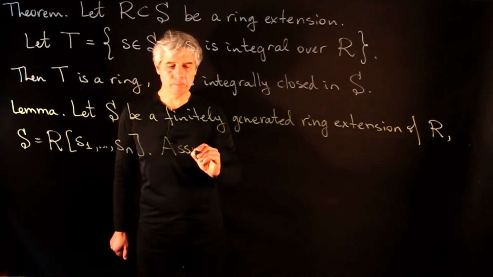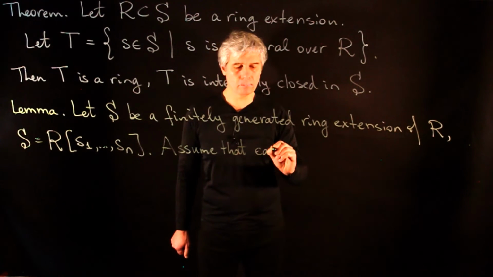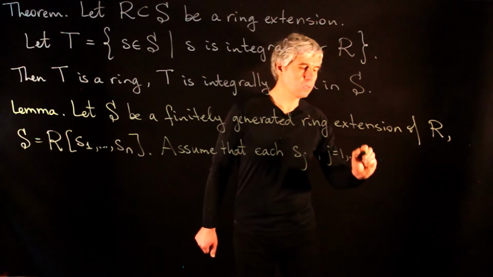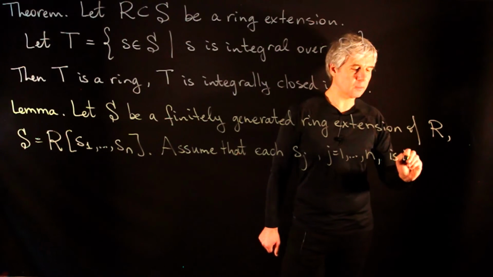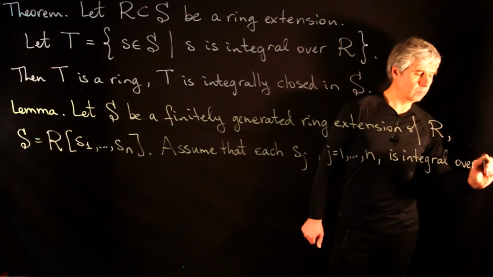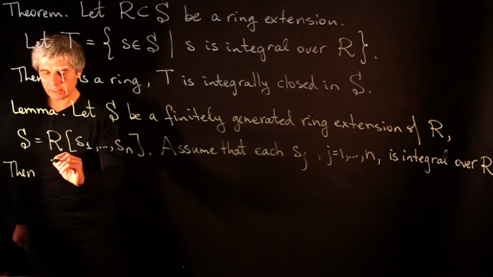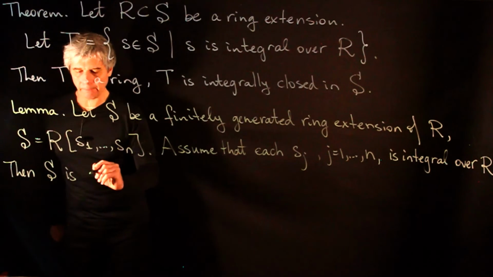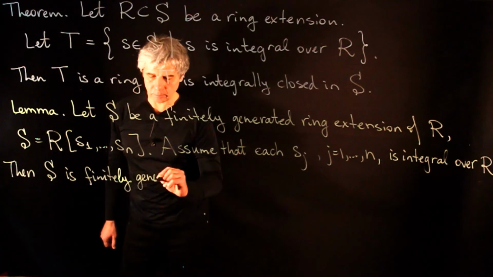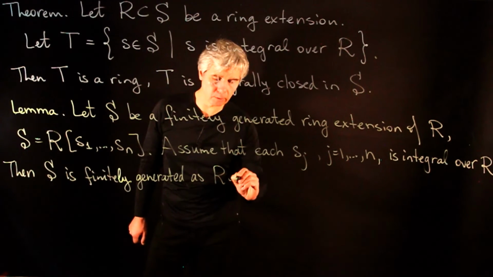Assume that each sj, where j goes from 1 to n, is integral over R. Then S is finitely generated as an R module.